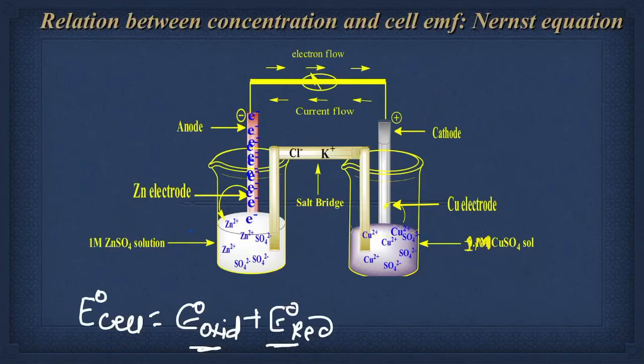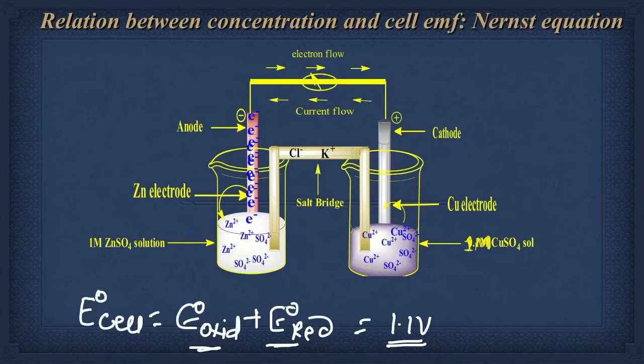So in this Daniel or galvanic cell, where we use 1 molar ZnSO4 solution and 1 molar copper sulfate solution, we got the standard EMF value equal to 1.1 volt.